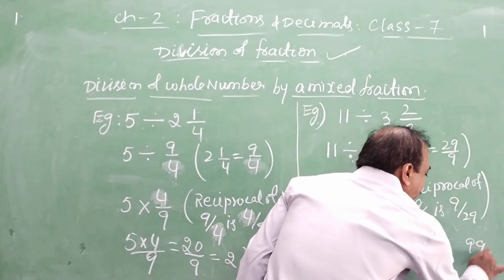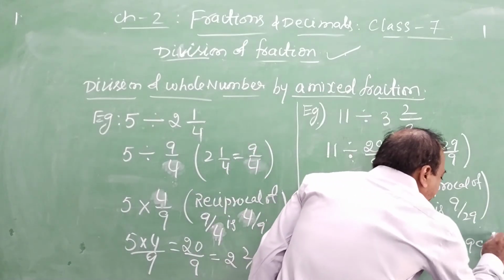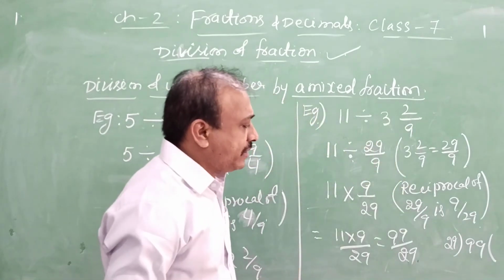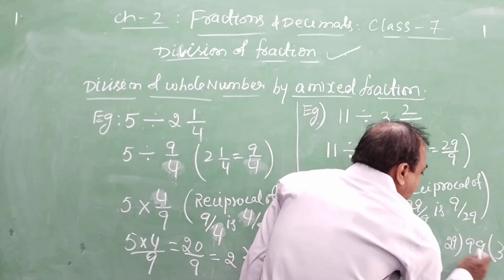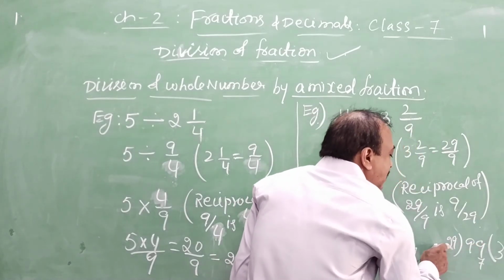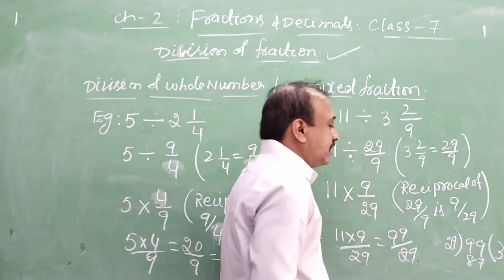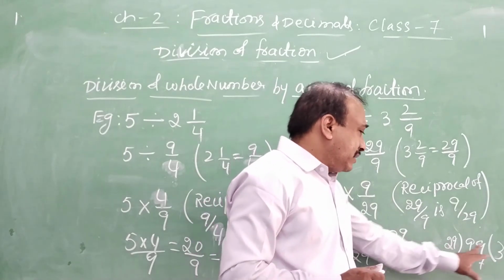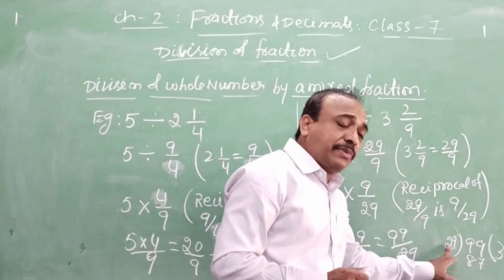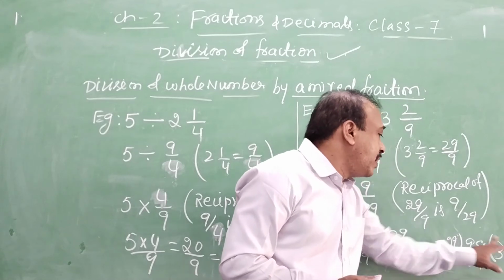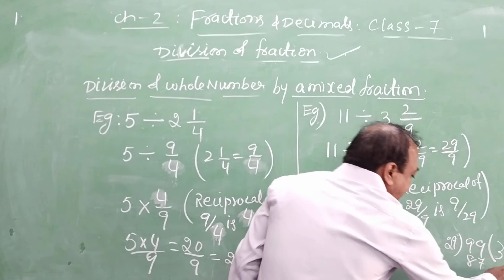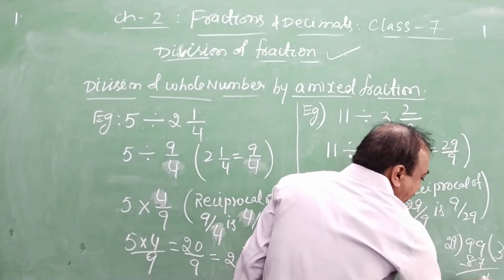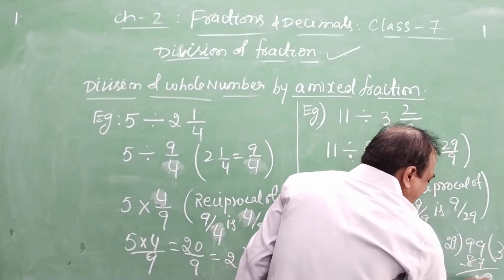So if you divide 99 by 29, 29 into 3 times: 3 9s are 27, 3 2s are 6, plus 2 is 8, so 87. If you take 4, it will be beyond 99. So subtract: 9 minus 7 is 2, 9 minus 8 is 1.